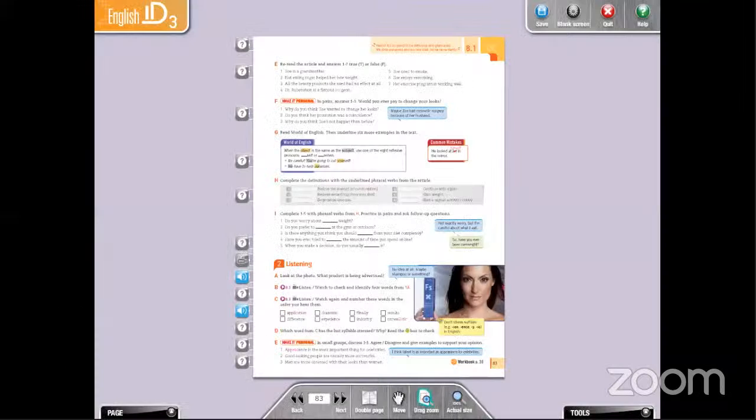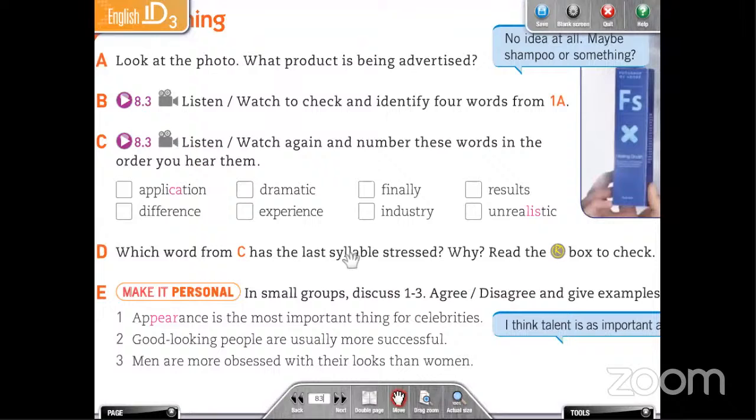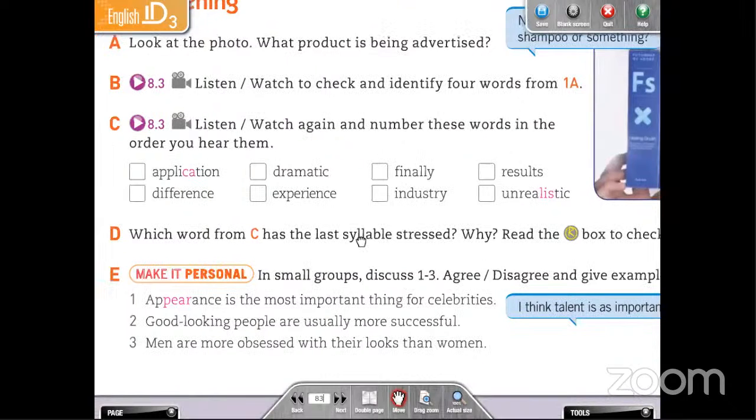Okay, very good. What words can you mention? The words that you identify, for example, the words that you already know. No?